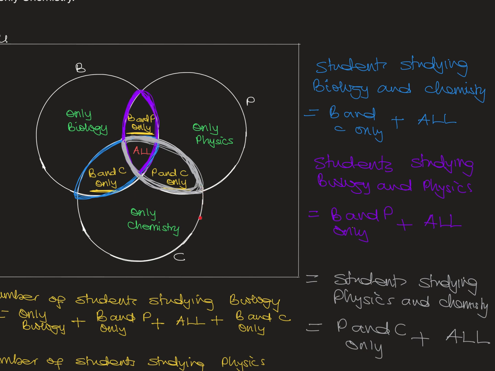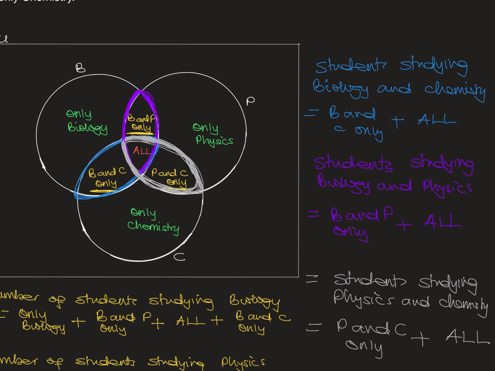Those studying chemistry will be this circle. It will be those studying only chemistry plus those studying physics and chemistry only plus those studying all the three subjects, because those studying all the three subjects are also studying chemistry, and then plus those studying biology and chemistry only. You get that? So that will be the probability of students studying chemistry.